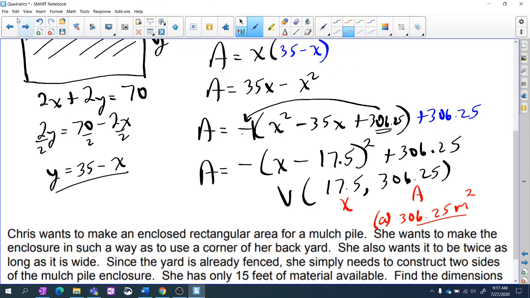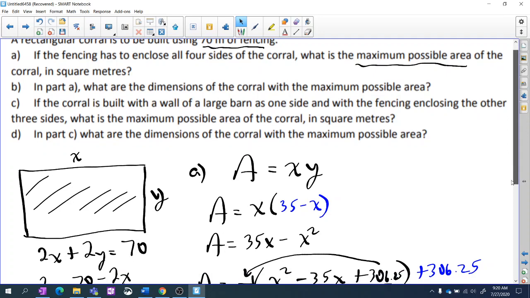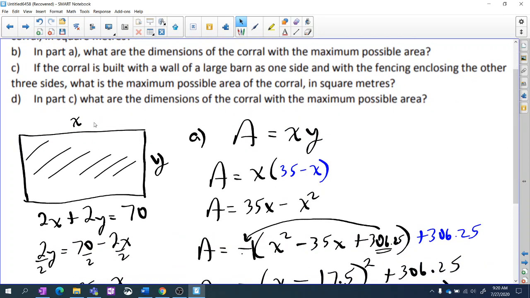Now I'm just going to move this question here. Part B says, in part A, what are the dimensions of the corral with the maximum possible area? So now it wants the dimensions. The dimensions are the x and the y. Well, I have one of them, correct?